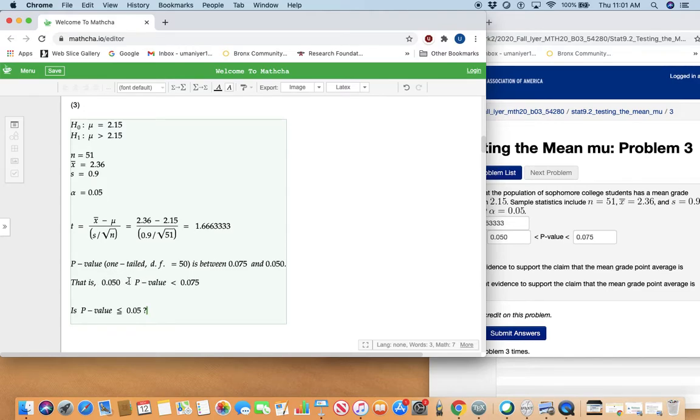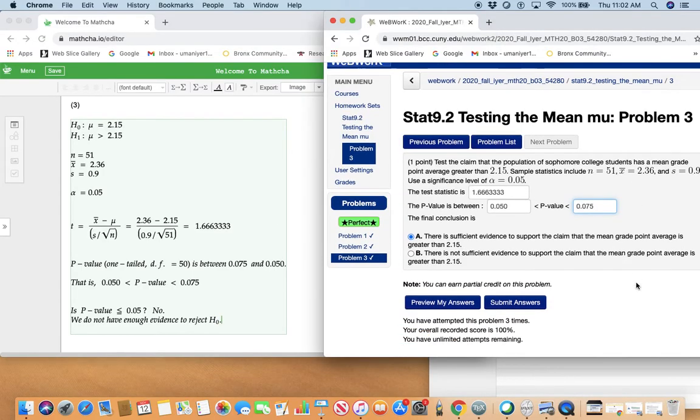So the p-value is above this one and below this one. All we know is that the p-value cannot be less than or equal to 0.05. So if the p-value is not small enough, we do not have enough evidence to reject the null hypothesis.